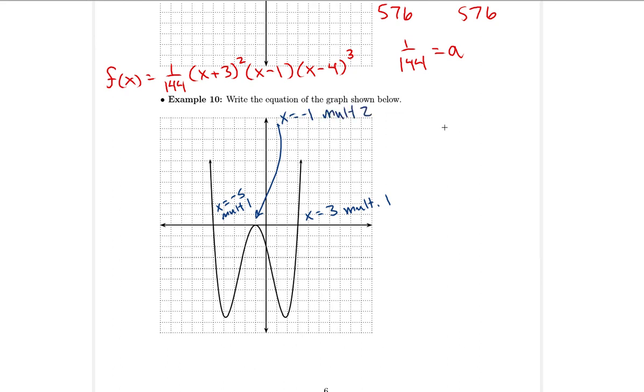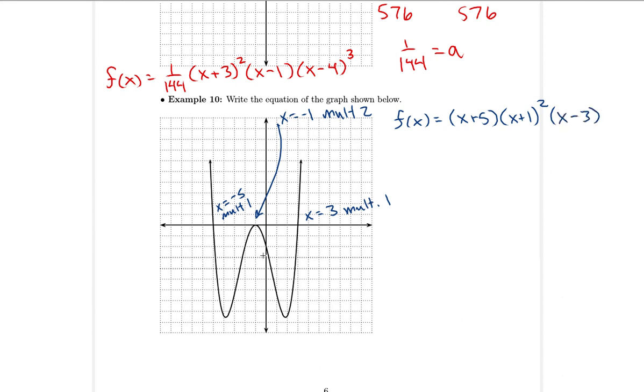So we'll have f of x is equal to x plus 5 times x plus 1 squared, since it's multiplicity 2, and x minus 3 to the first.